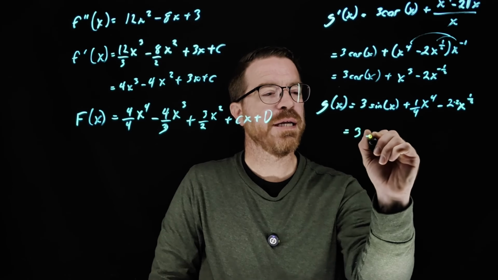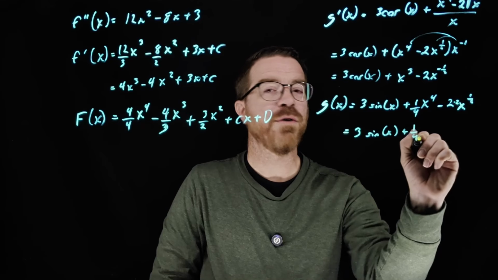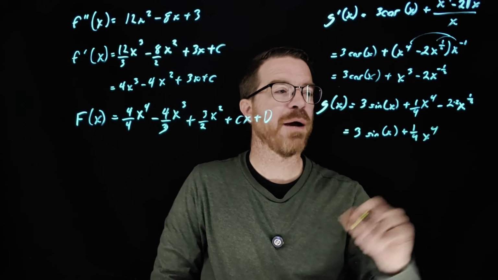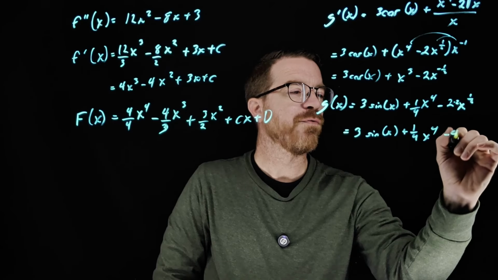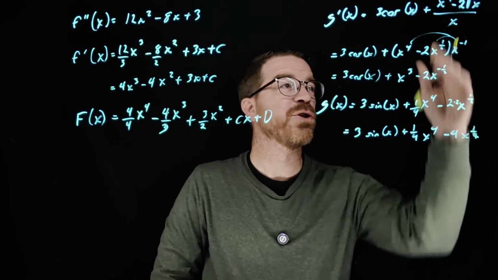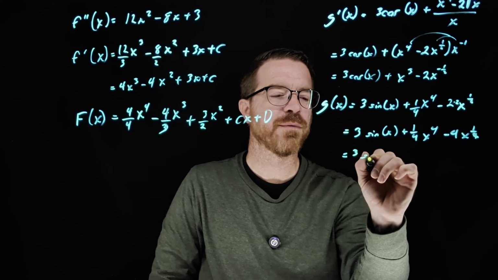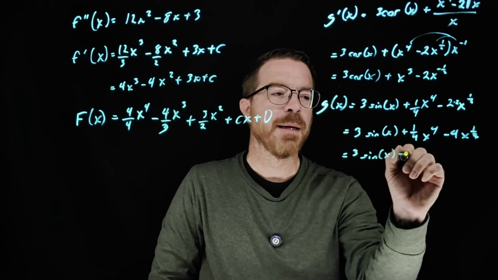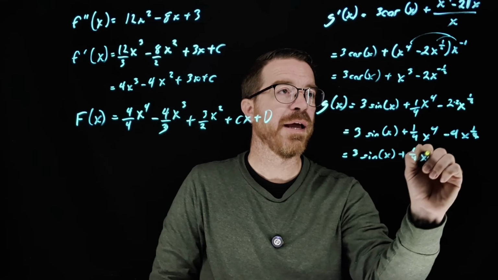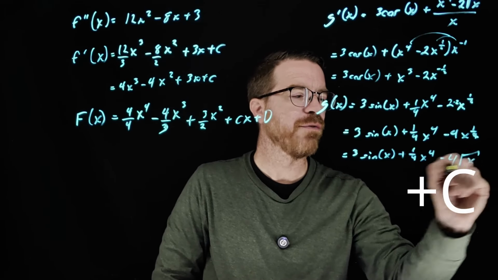This is going to be 3 sine of x plus 1/4 x to the 4th power minus 4 x to the 1/2. And then just to put it back into its original form, right, because we didn't have it to the 1/2 power, we would have that this is equal to 3 sine of x plus 1/4 x to the 4th power minus 4 square root of x.